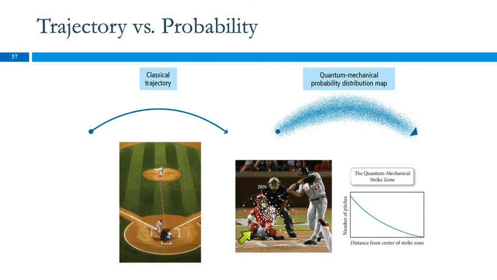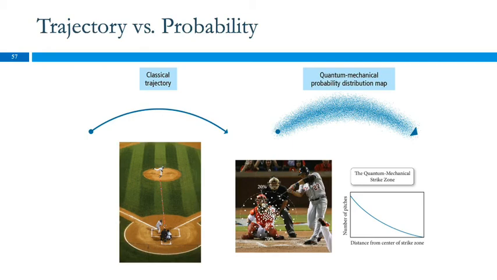If we do that with an electron, we can only predict that, say, 20% of the time it's going to be within this region. Even if the electron was sent in exactly the same direction, same force, exactly the same everything, it would not hit in the same place every time.